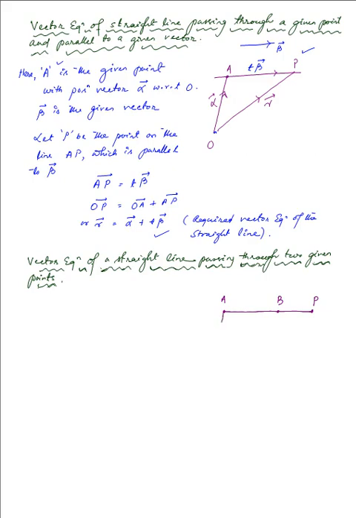Now, A has got a position vector supposedly alpha, just like in the previous case. A has a position vector alpha vector, and B now has a position vector, let us say, that is beta. The point has gone a bit further. No worries, we keep the point B to that new position.